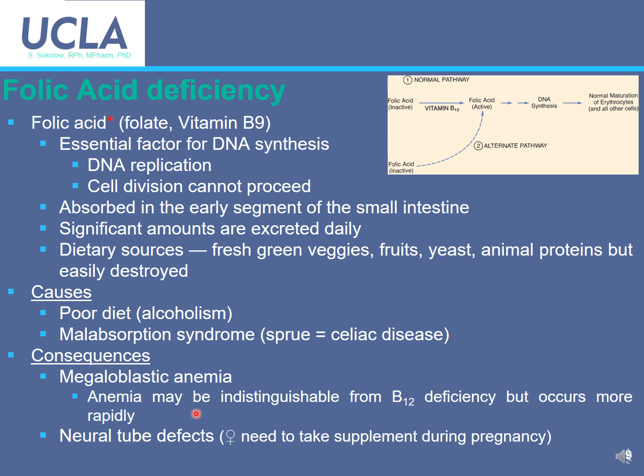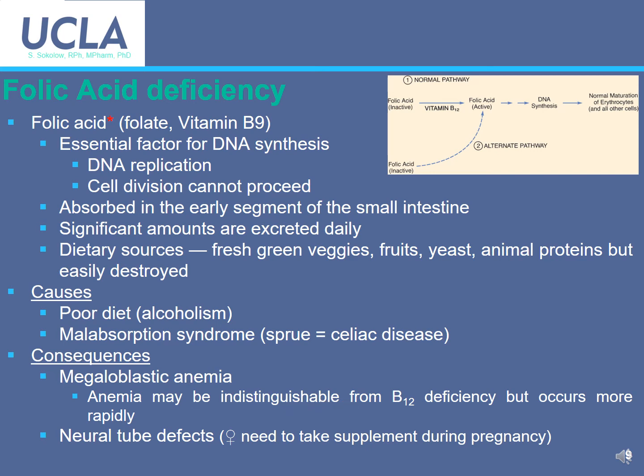It's important to distinguish if this megaloblastic anemia is caused by a vitamin B12 deficiency or folic acid deficiency. It has to be measured by the blood level of B12 and folic acid, because based on the symptoms, it's indistinguishable.